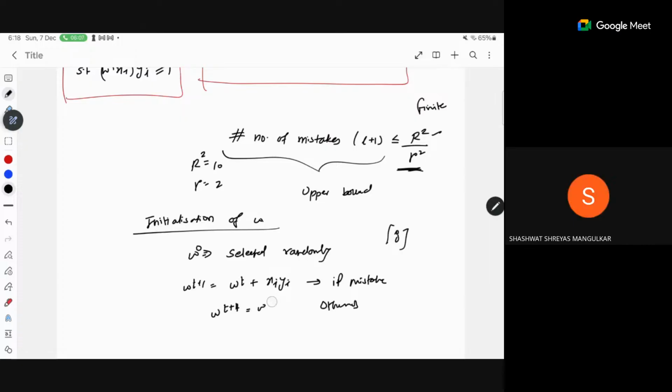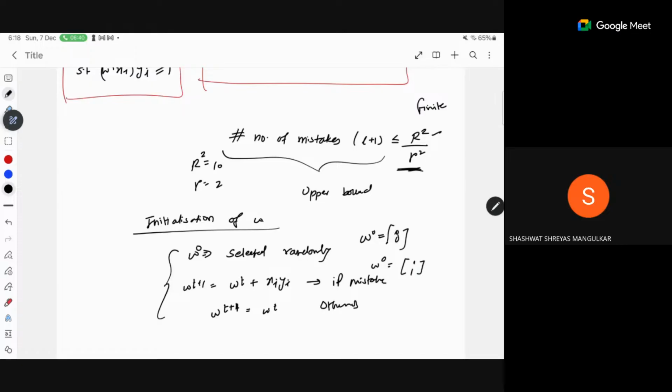So if I initialize W naught with 0, 0, it might yield a different solution than if W naught is, let's say, 1, 1 or some other quantity. Since we select it randomly, it can start with anything, and whatever W you start with, this algorithm will give you different solutions.